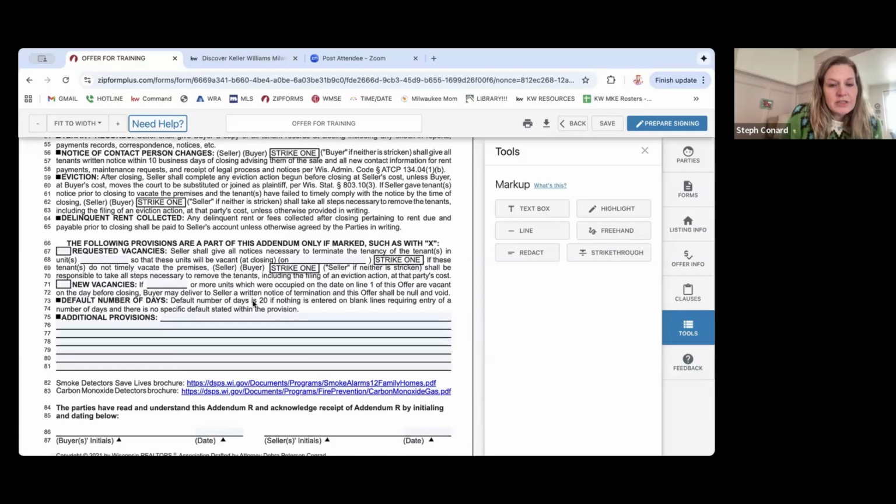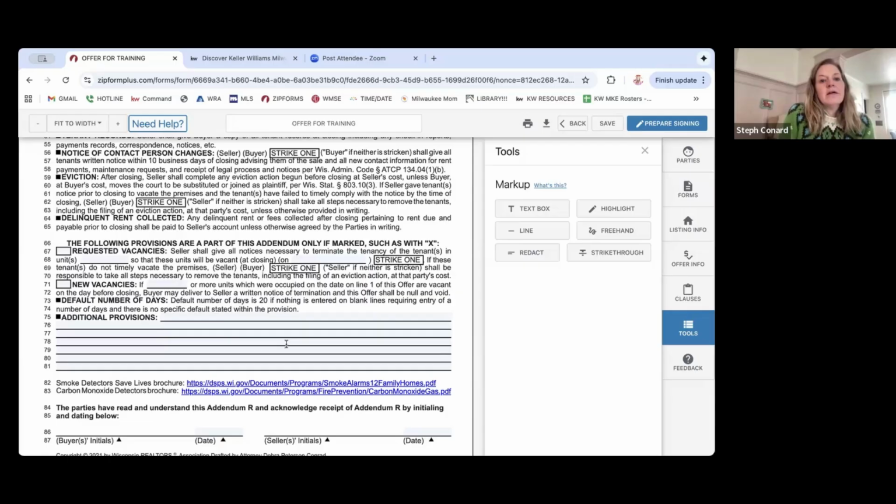Notice of contact person changes. This defaults to the buyer. The buyer shall give all the tenants written notice within 10 days of closing, advising them of the sale and all the new contact information for the rent payments. I'm generally seeing, yes, that the buyer is going to be giving this notice to the tenants.